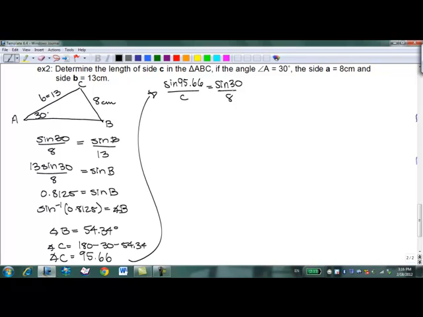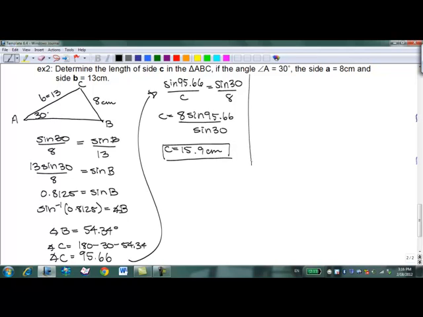I'll let you cross multiply this and figure it out. You end up with 8 sine 95.66 over sine 30, and we get C equals 15.9. Our units here are centimeters. So there's one possible answer, 15.9 centimeters for the length of side C.